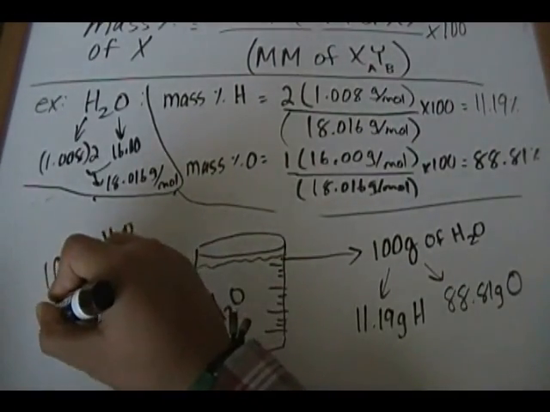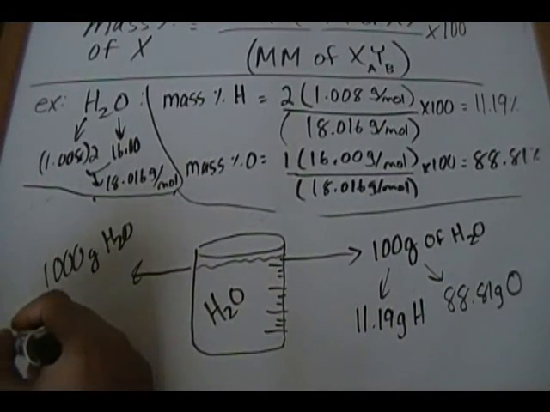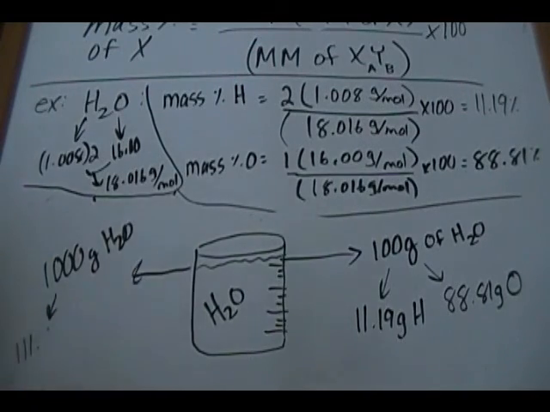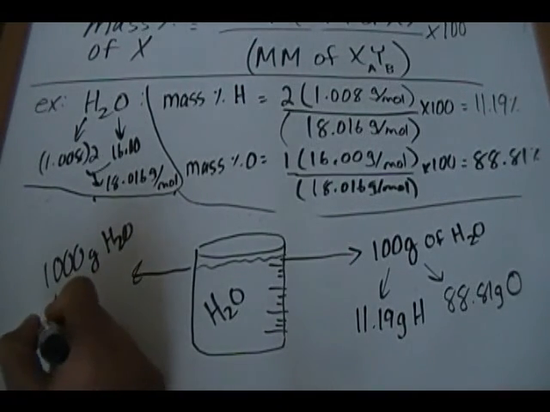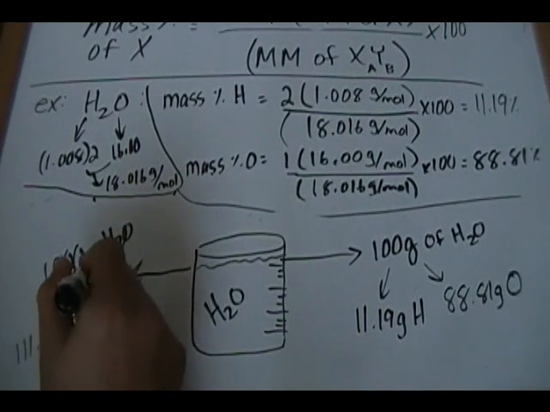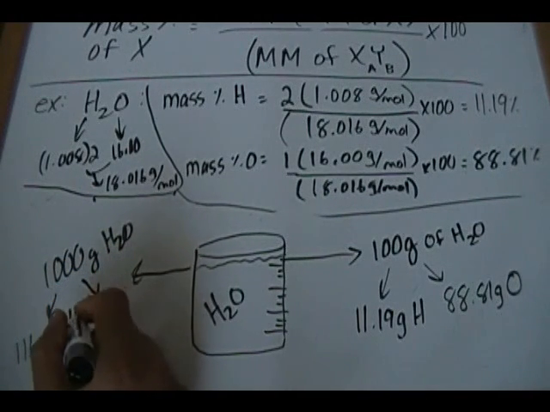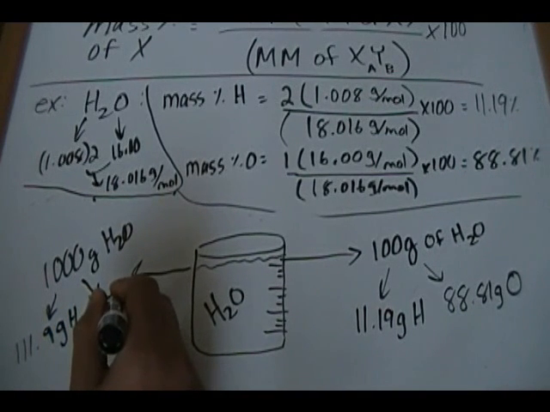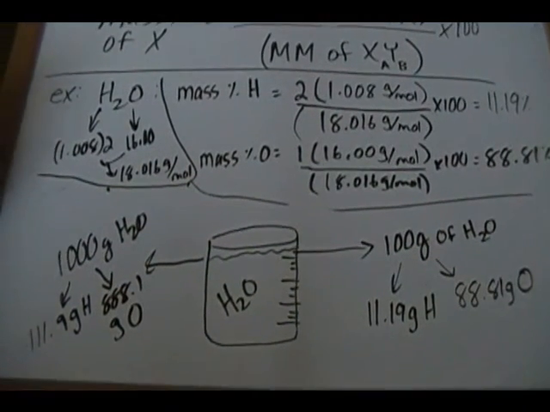Well, 11.19% of 1,000 is 111.9 grams of H. And if we do the same thing for oxygen, it will be 888.1 grams of oxygen.